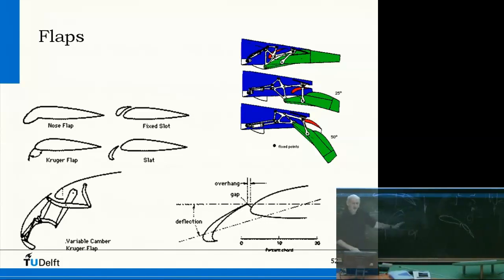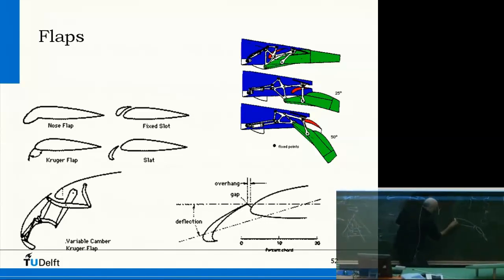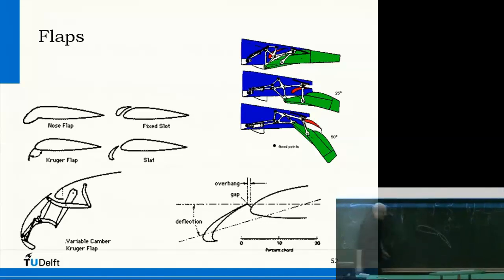There was one remark to be made. If you have a curvature like this, then the pressure distribution is such that you have a high velocity here and an adverse pressure gradient here. So the pressure goes up, and the negative Cp goes down.